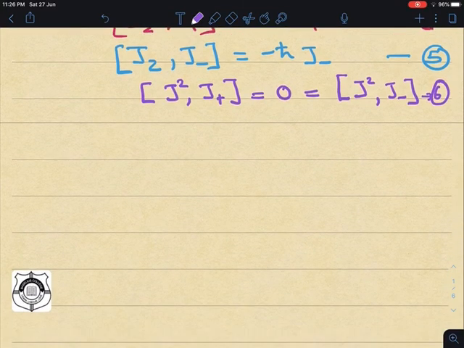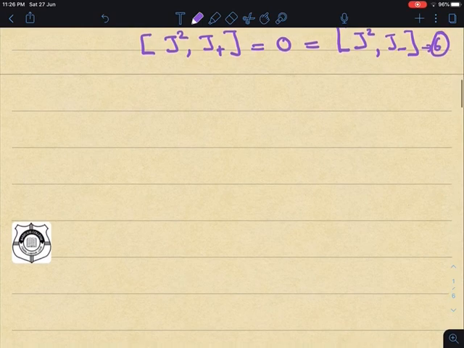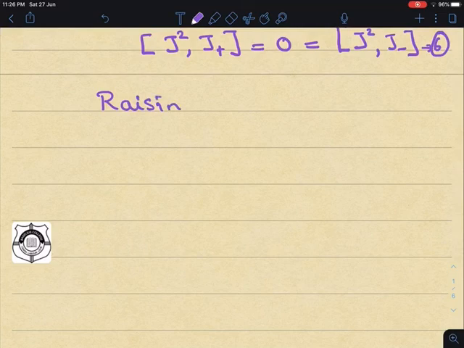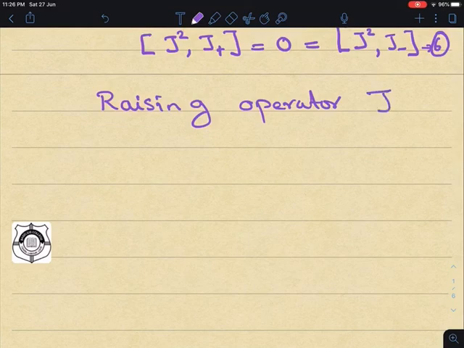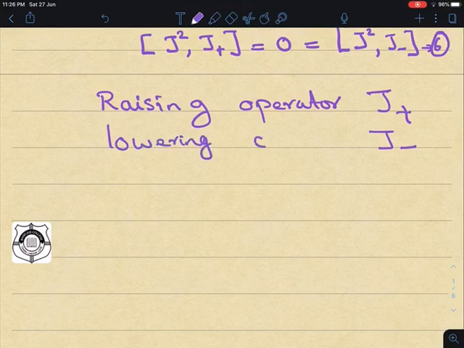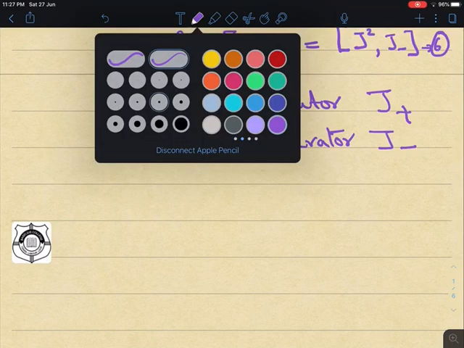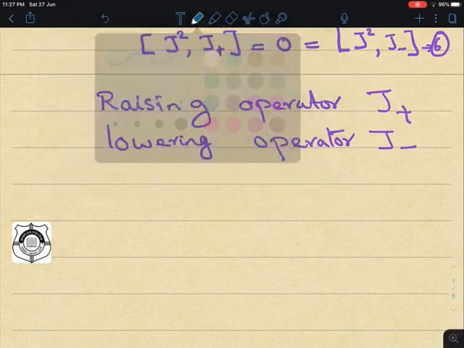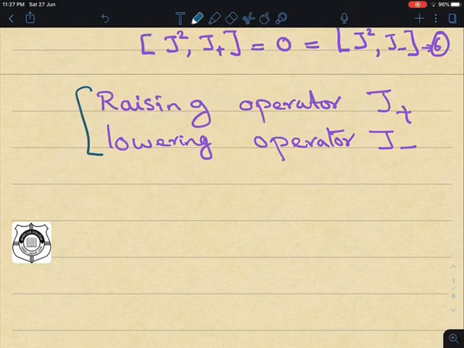In this current lecture, we will discuss J plus as a raising operator. It's called the raising operator, and J minus is called the lowering operator. And together they are called the ladder operator.